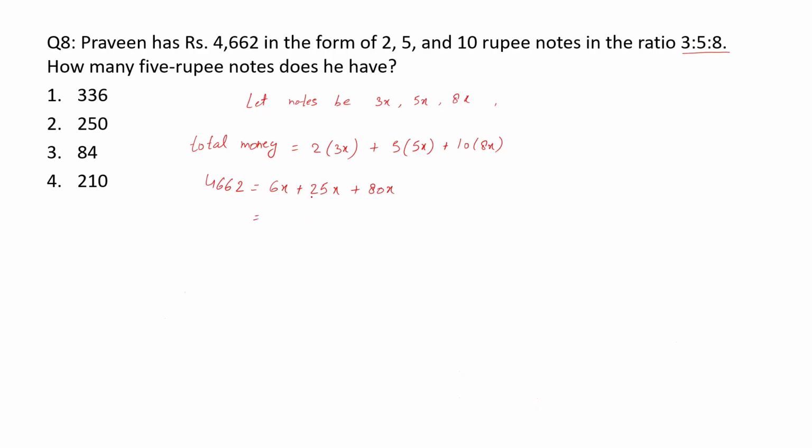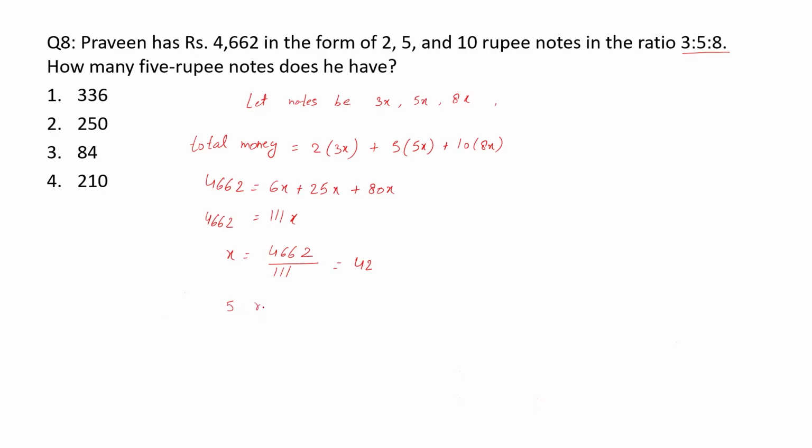So 6 plus 25 plus 80 is 111x, which is 4662. So x is equal to 4662 upon 111. It is divisible. If you solve it, you will get 42. So x is 42.